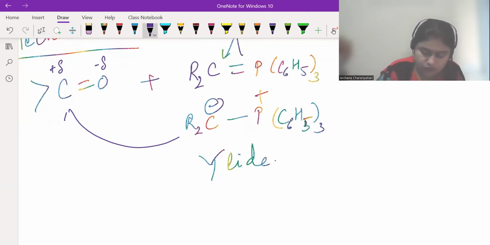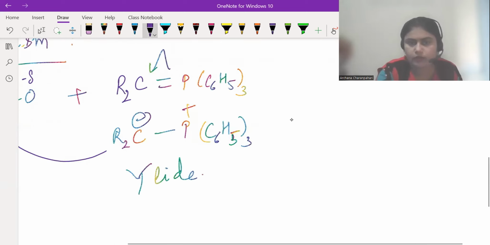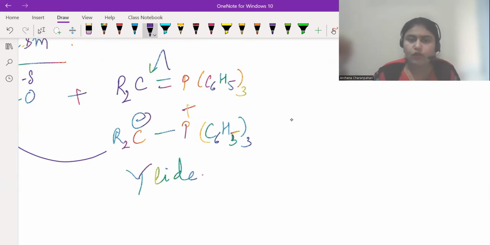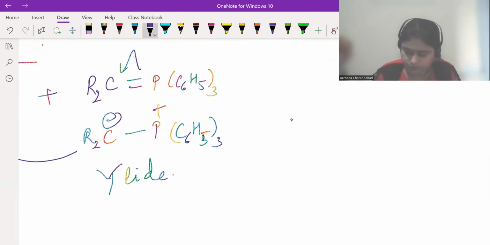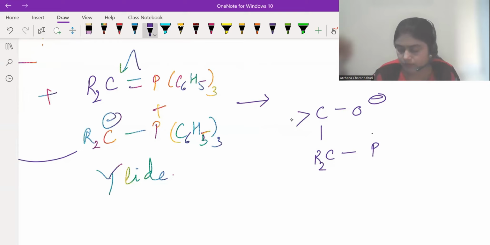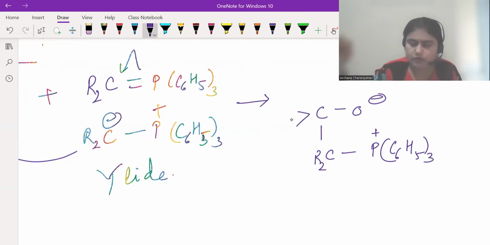your positive carbon. A lot of students will make a mistake here. Phosphorus, as compared to carbon, will always be positive because it has more valency. So it generally has a positive charge. Now we will get this kind of compound, where phosphorus carries a positive charge.